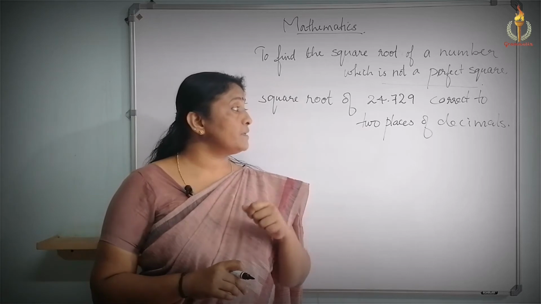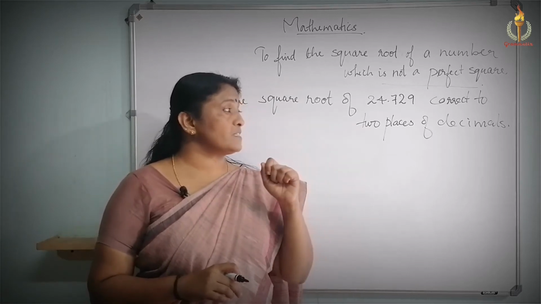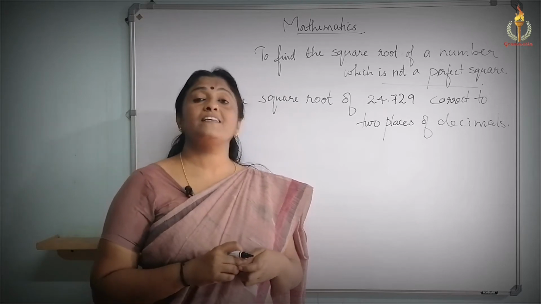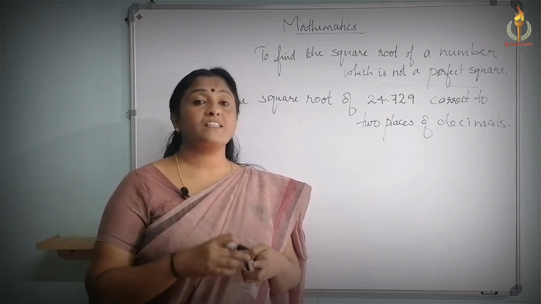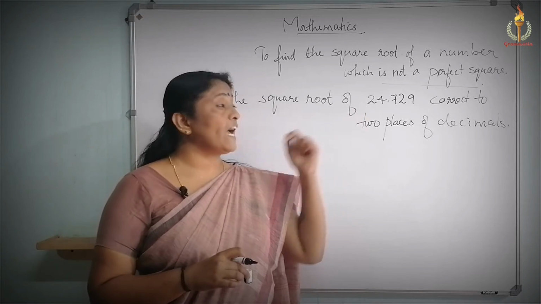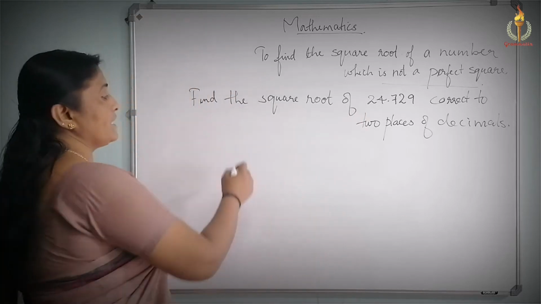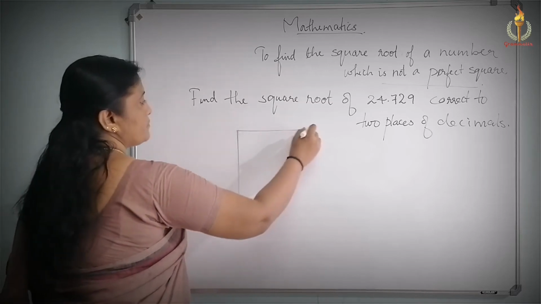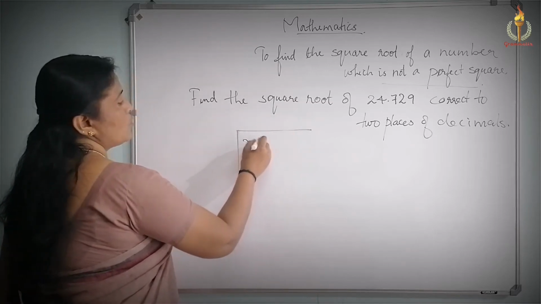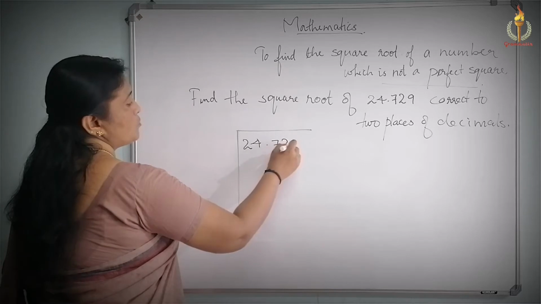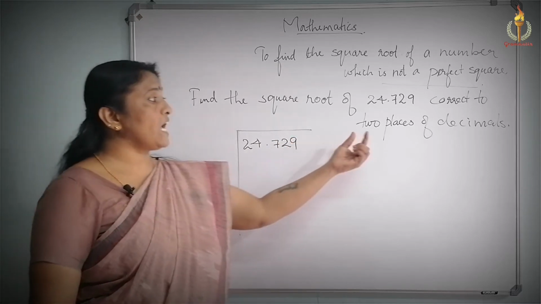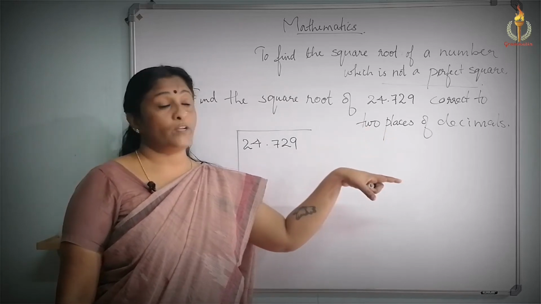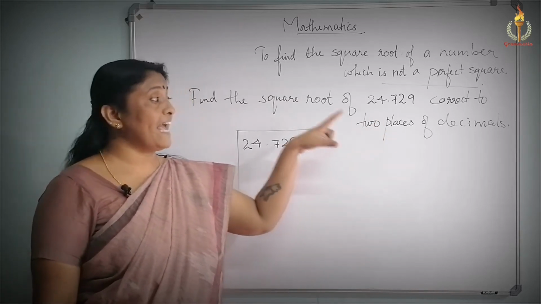Now since here it is asked 2 places of decimals, since it is a square root, after the decimal you need to have 4 places in the number, then only you can get the answer as 2 places. So it is the division method. Here, 24.729. Since you have 2 places and since we are going to round it off, we need 3 places in the answer.